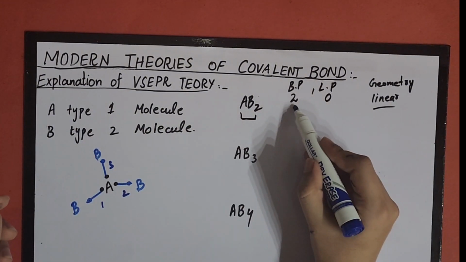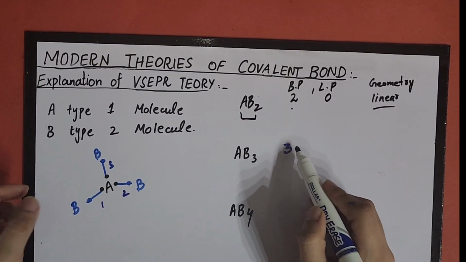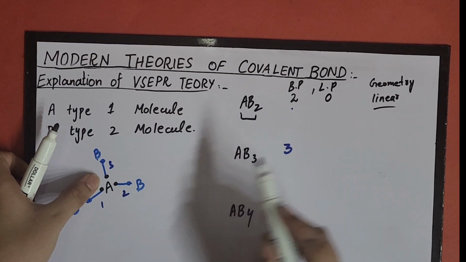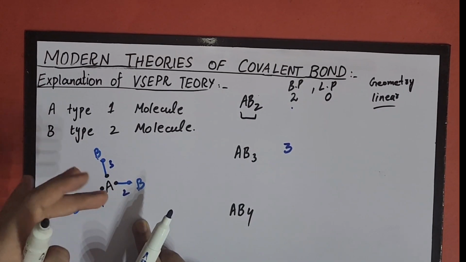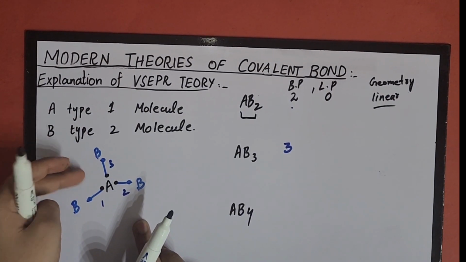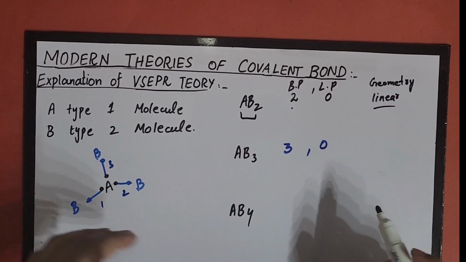So total bond pairs are three. Here we should write AB3, three bond pairs. In the first molecule, there is zero lone pair because all the electron pairs are attached with the elements and are bonded, so there is no lone pair, so zero lone pair.